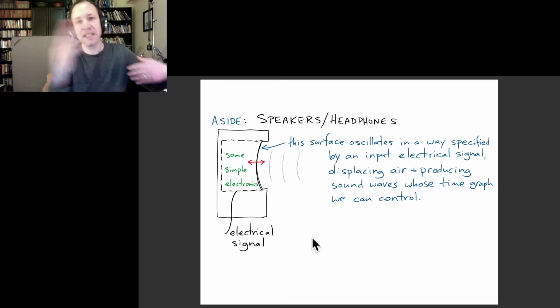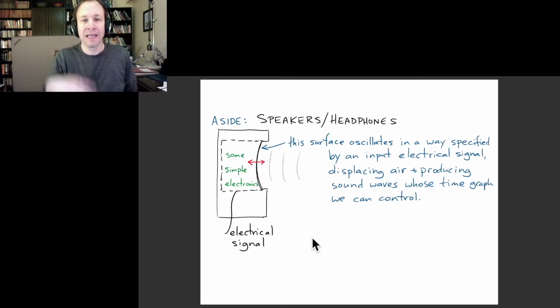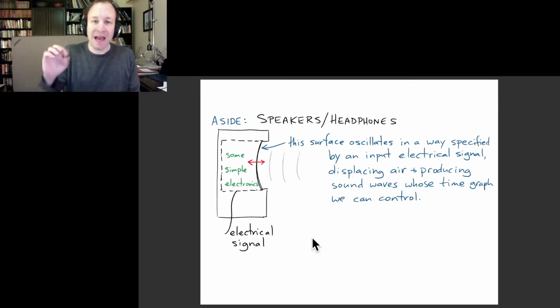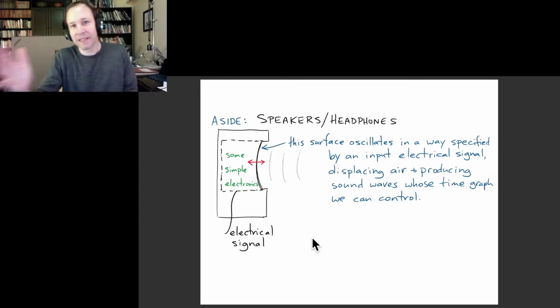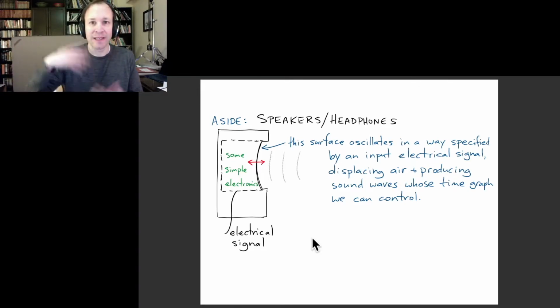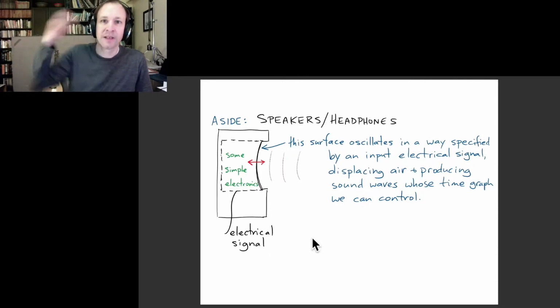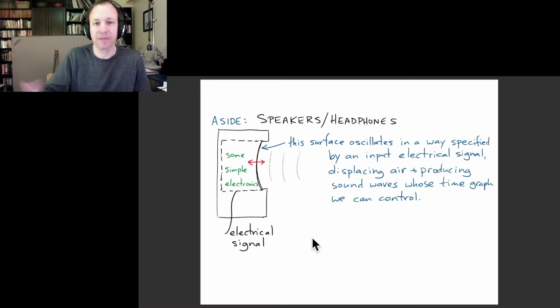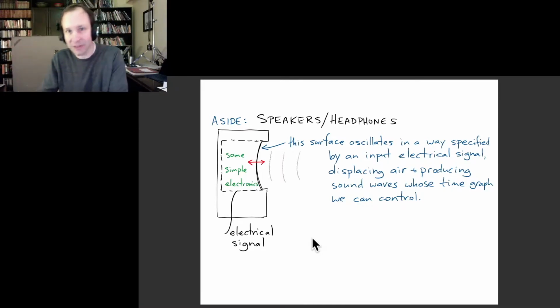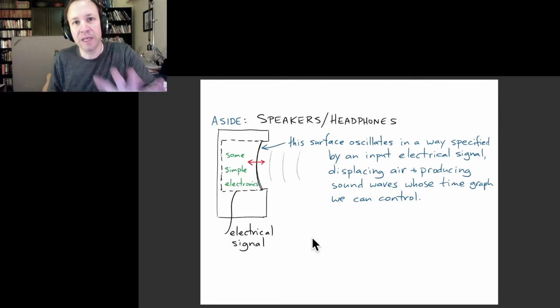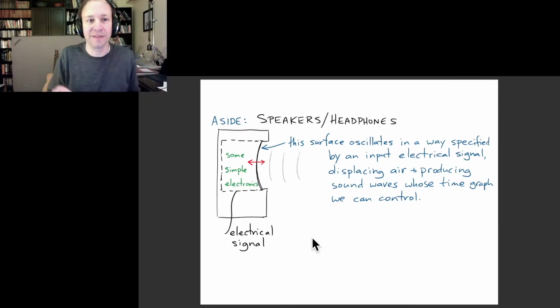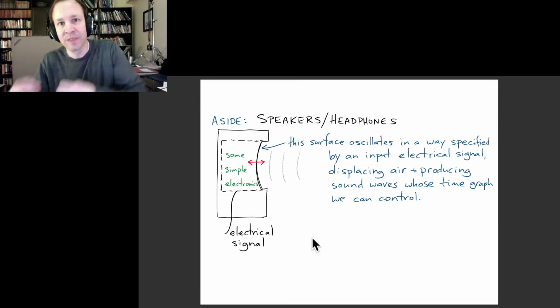So the displacement of the membrane in the microphone is basically the same as the displacement of the nearby air, or it's very closely related. And so in that way, we're able to store the information about the displacement of the air versus time by just turning the motion of that membrane into some electrical signal, and then the computer has some way of storing that.